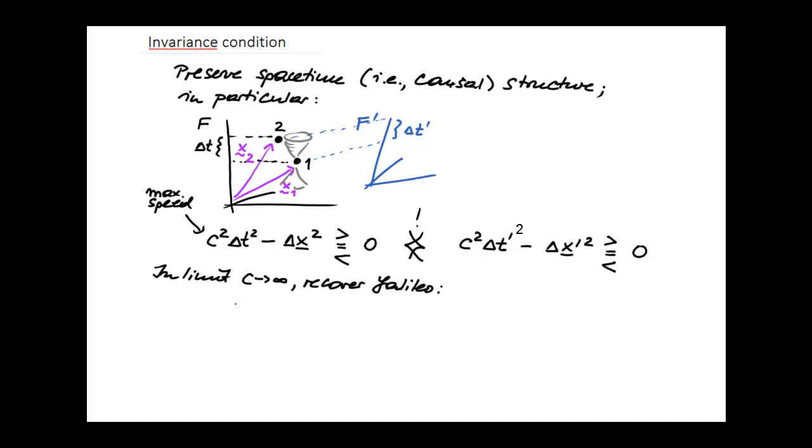So you recover the condition delta t larger, equal, or smaller than 0 if and only if delta t prime larger, equal, or smaller than 0. And hence, that's the preservation of non-relativistic causal structure.